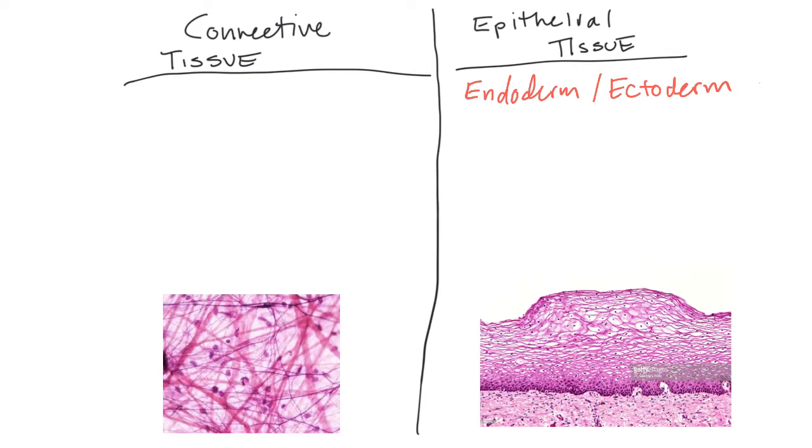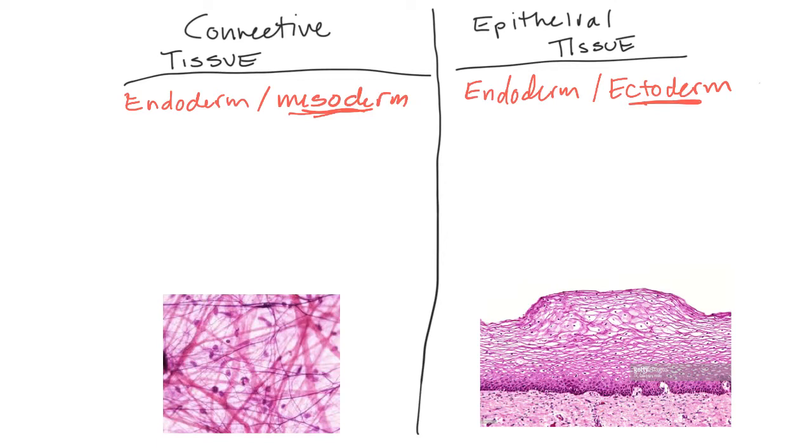Whereas connective tissue is endodermal and mesodermal. I don't think we mentioned this yesterday, but there are connective tissues that arise from the mesoderm as well. So the difference there being some of these come from the mesoderm, some of these come from the ectoderm. Both can arise, or different tissues arise from the endoderm.